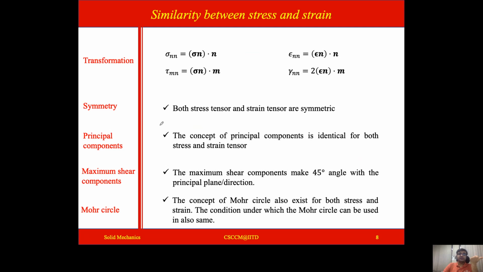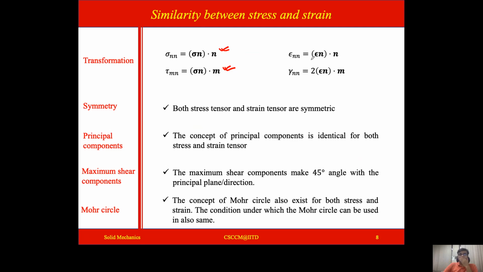So first is transformation of stress. You remember we learned about transformation of stress in our fourth lecture, and this was the formula. Normal stress was sigma n dot n, and for shear component it was sigma n dot m.